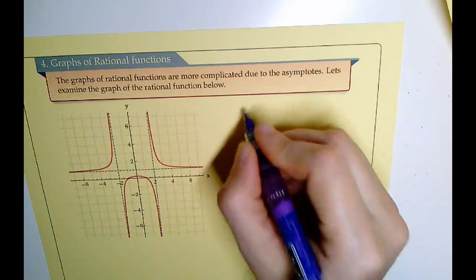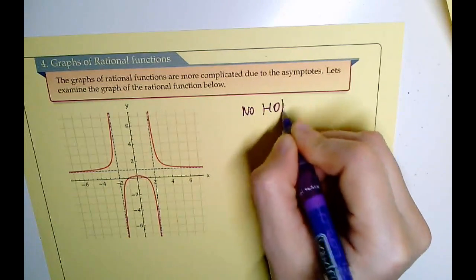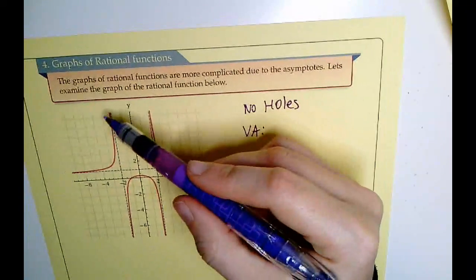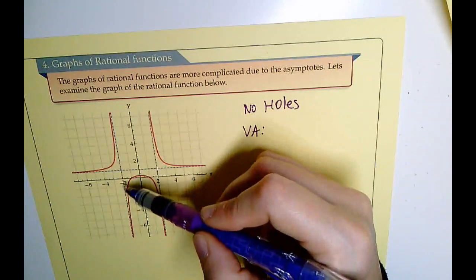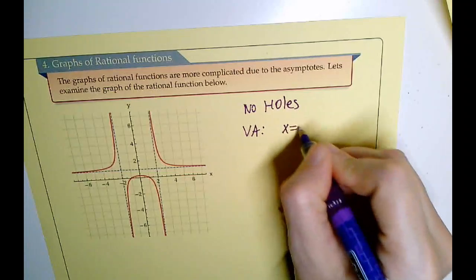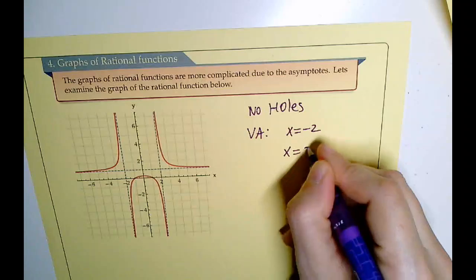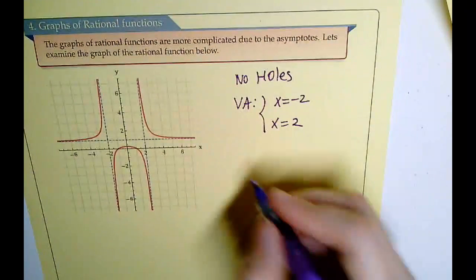I don't see any holes in the graph, so no holes. What are the vertical asymptotes? Well, these vertical lines: the first one is x equals negative 2, and then there's another one, x equals 2. So we have two vertical asymptotes.